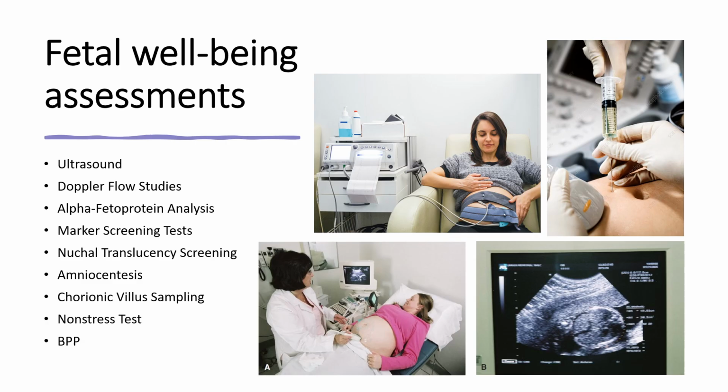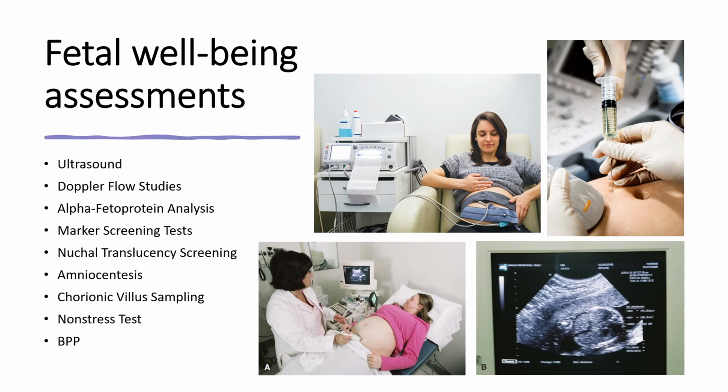For your alpha fetoprotein analysis and your marker screening tests, these are actually maternal serums that we collect, and that is mainly to diagnose if there is any type of chromosomal abnormalities, such as spina bifida, Down syndrome, trisomy 13, 18, 21, and so forth.